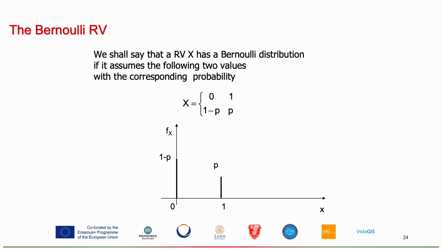So if we want to picture the point density function against the real axis, we have just two values for which the density is different from 0, exactly at 0 and 1, and in particular the value of f at 0 is 1 minus p, the value of f at 1 is p.